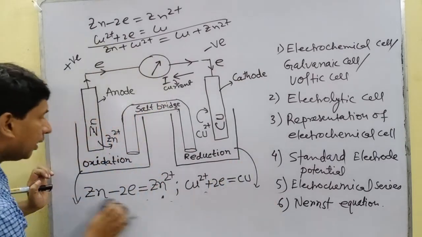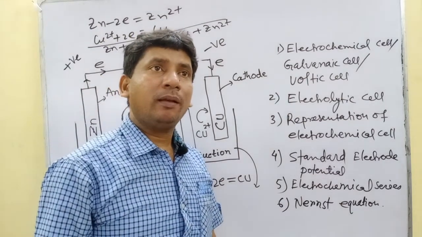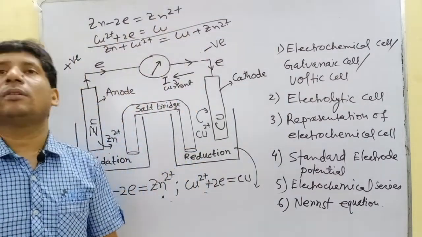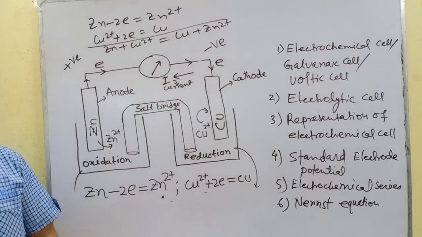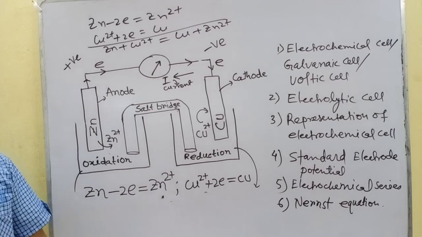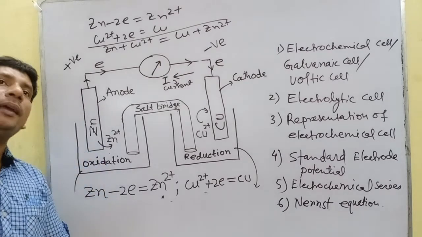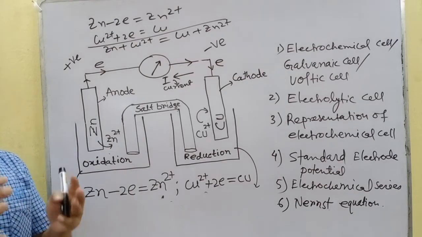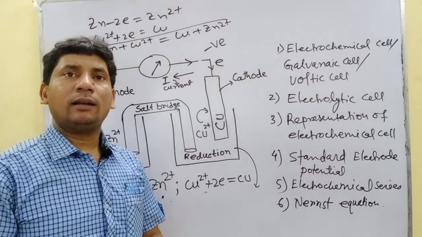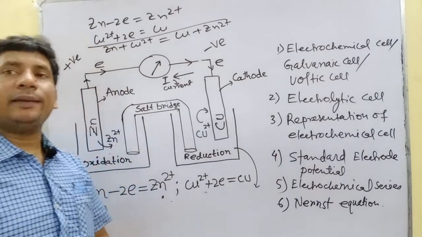It will be an electrolytic cell. In an electrochemical cell, in a chemical reaction electricity or electric current will be produced, and if by electric current electrolysis occurs, then the cell is known as an electrolytic cell.